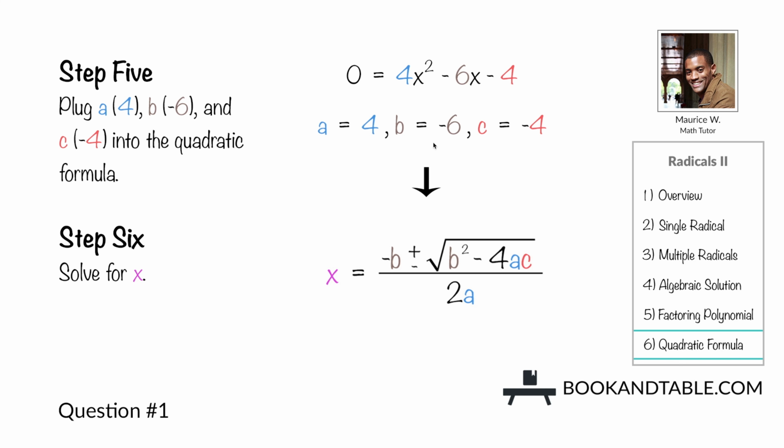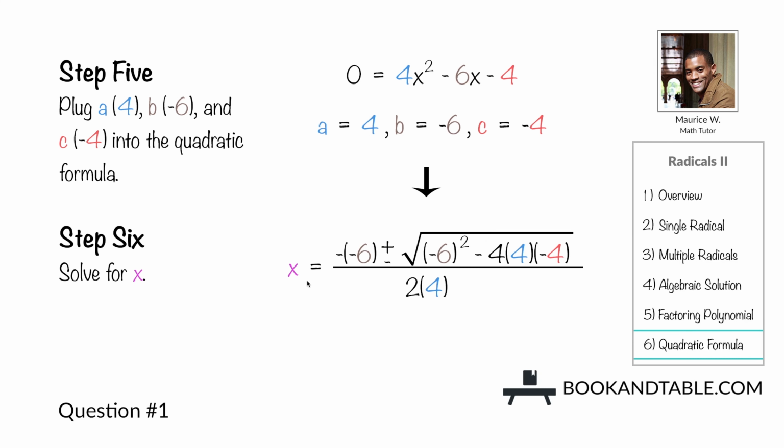So we plug a, b, and c into the quadratic formula, and that would give us x is equal to negative 1 times negative 6 plus or minus the square root of negative 6 squared minus 4 times negative 4 over 2 times 4.